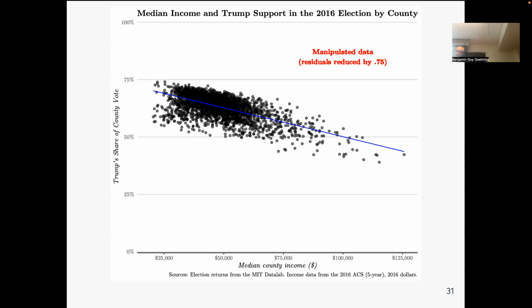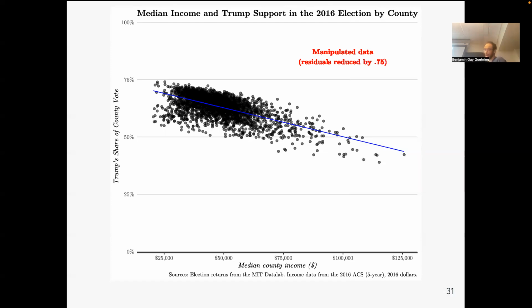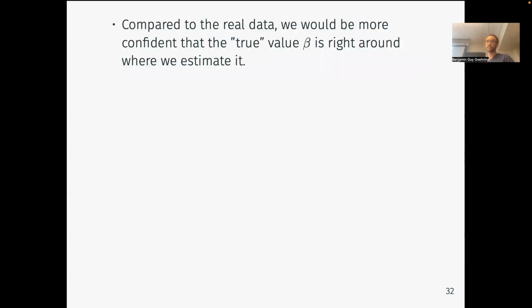So how confident you are in your findings, and the magnitude of the slope, are two different things. Compared to the real data, we're more confident here that the real value of beta is right around where we estimated it.